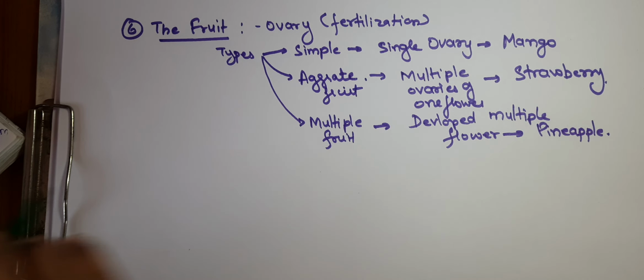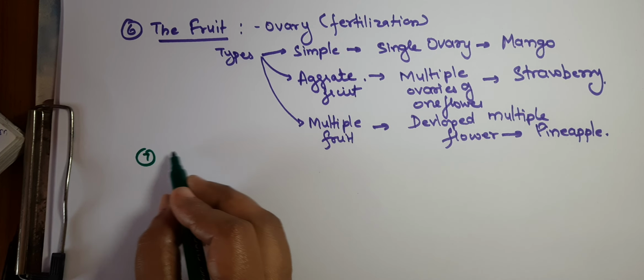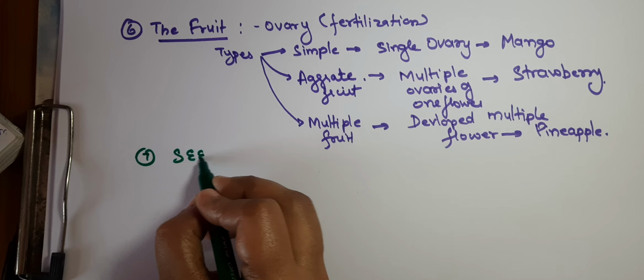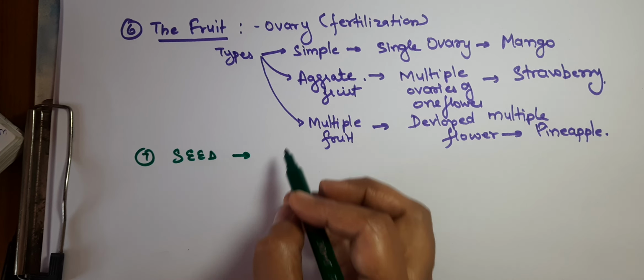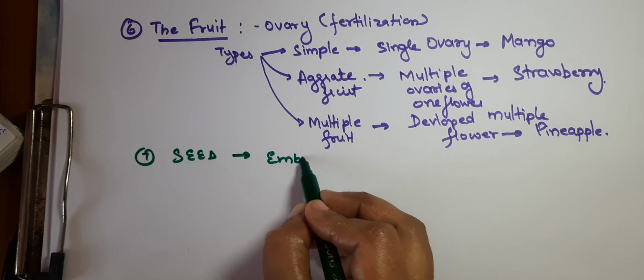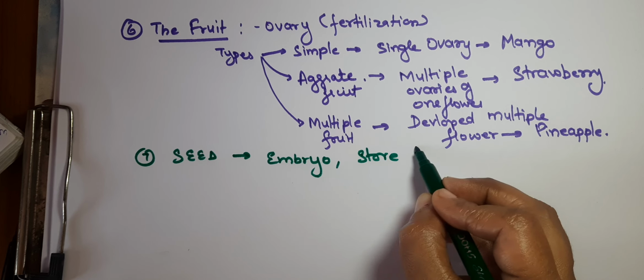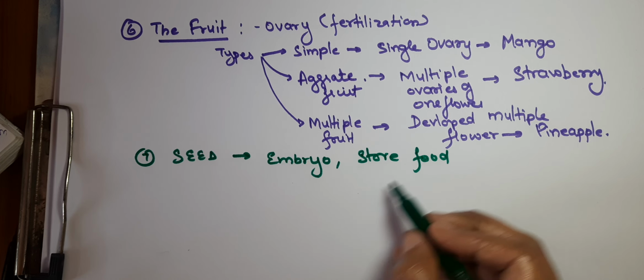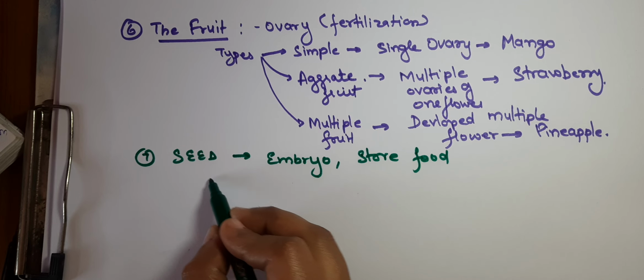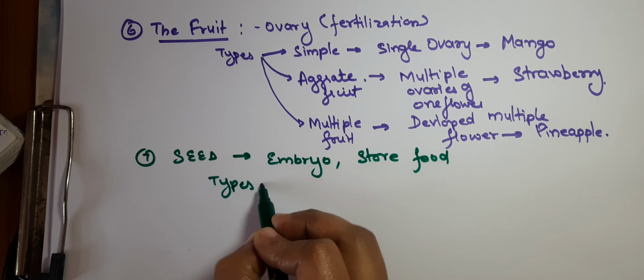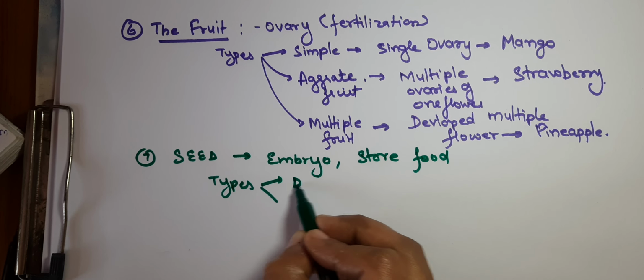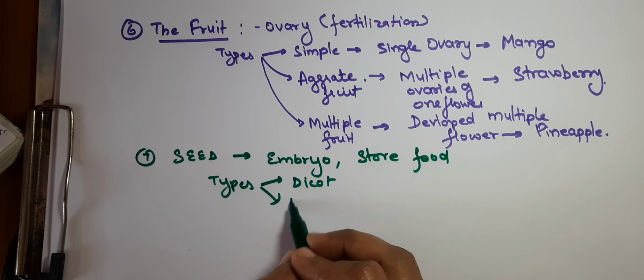And the last one we are going to talk about is the seed. So seed, we know, contains the embryo, and it will store the food for the purpose of germination. There are basically two kinds of seeds, the dicot and the monocot.